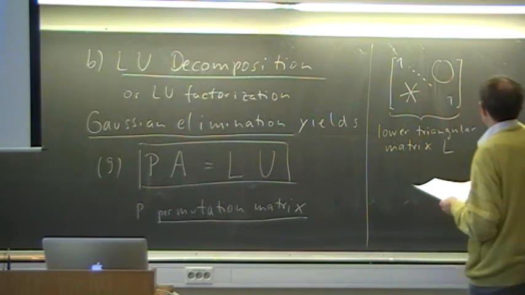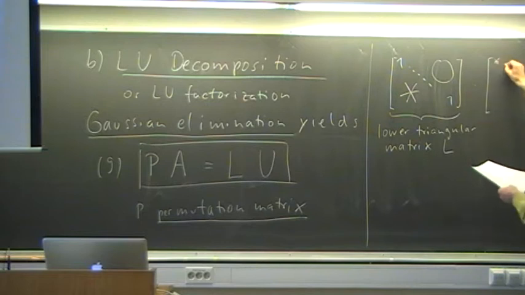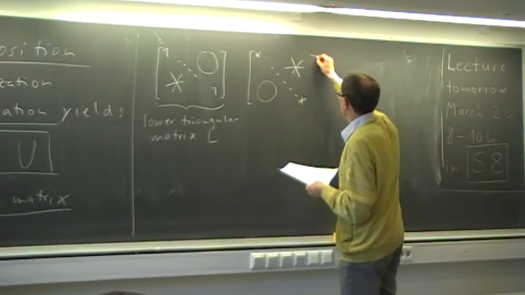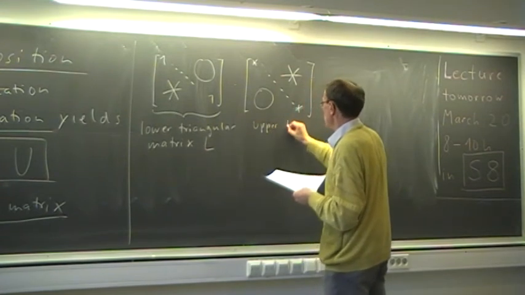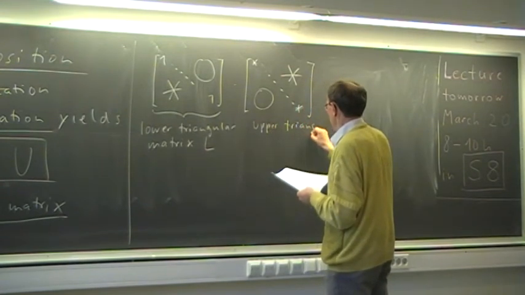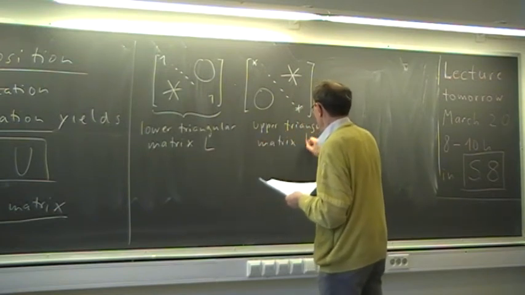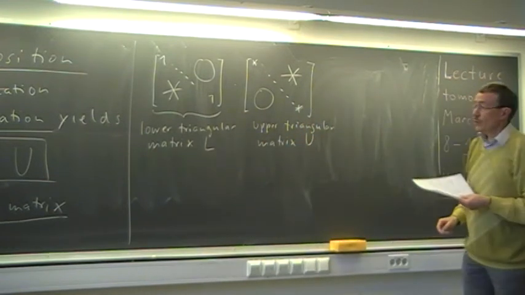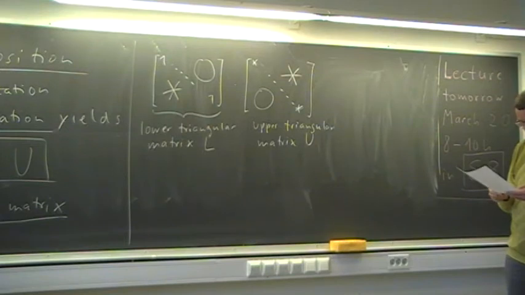So that is the L. That is then multiplying the upper triangular matrix, where we have something in the row, not necessarily one, usually not, and something above but zeros below. So that is the upper triangular matrix U. So then we do an LU decomposition not of A, but of the pivoted matrix PA.